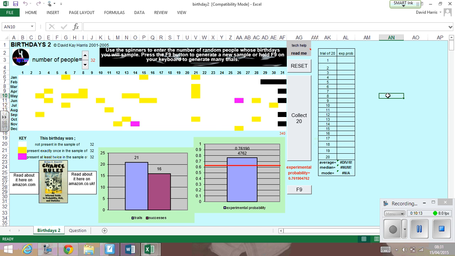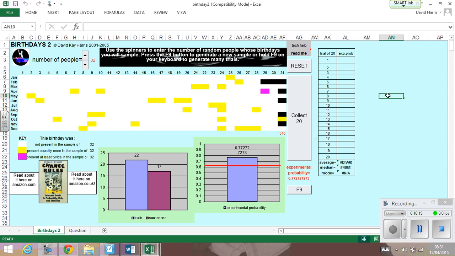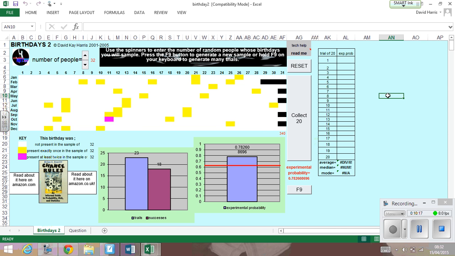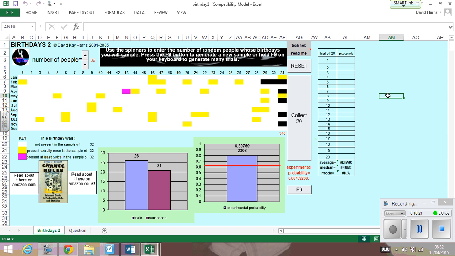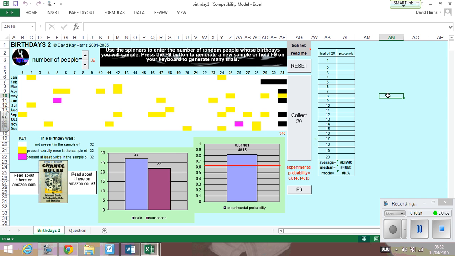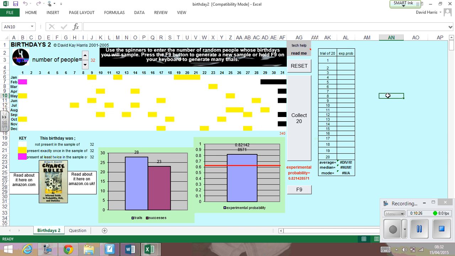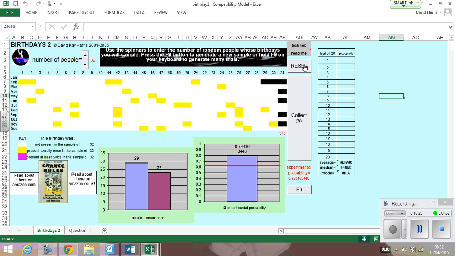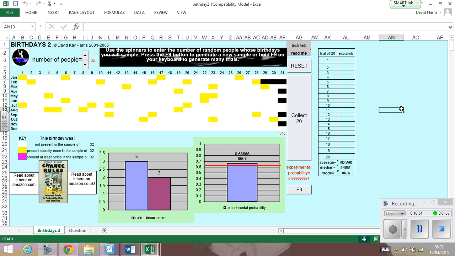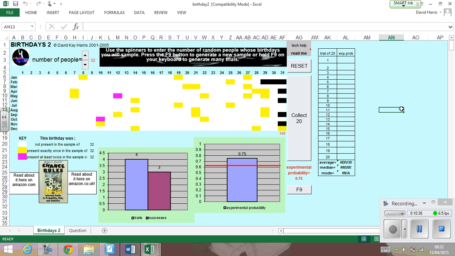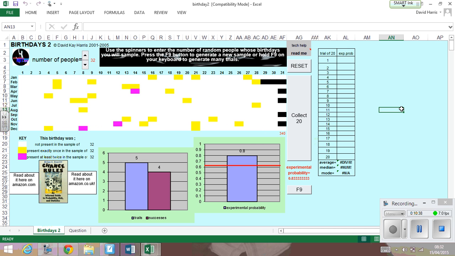What I've programmed here is 32 random birthdays in the calendar. The pink squares are when at least 2 people share that birthday. And you can see that more often than not, there are at least 2 people who share a birthday if we have 32 people.